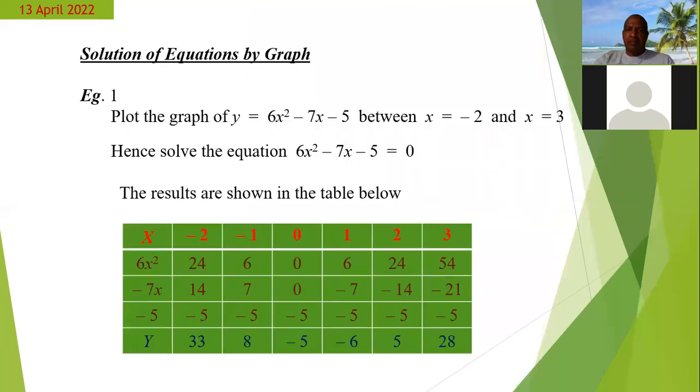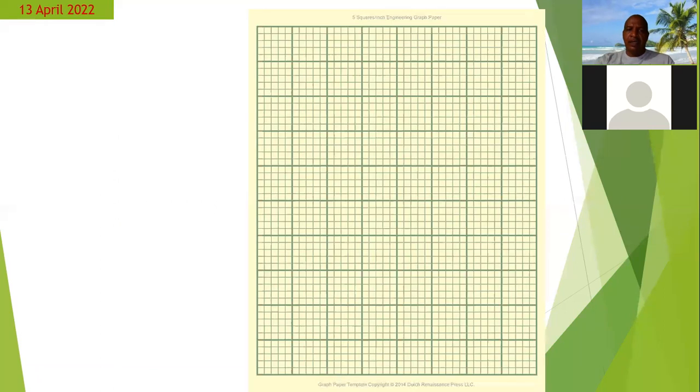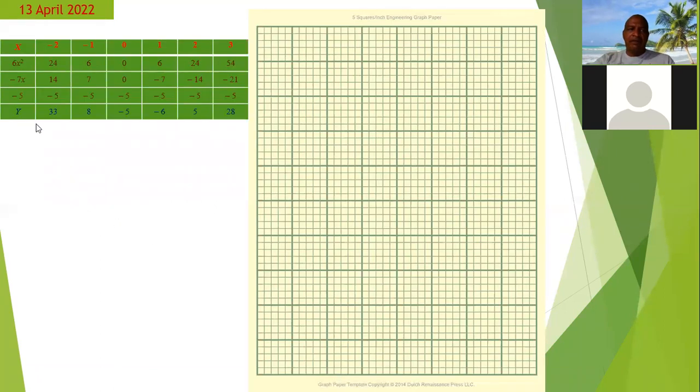Now, we're going to try and go through this graph quickly and plot it. So here we have our axis here. Now, we generally start with our y-axis first. We want to draw the y-axis so that we can go 3 places to the right of the y-axis and 2 places to the left.